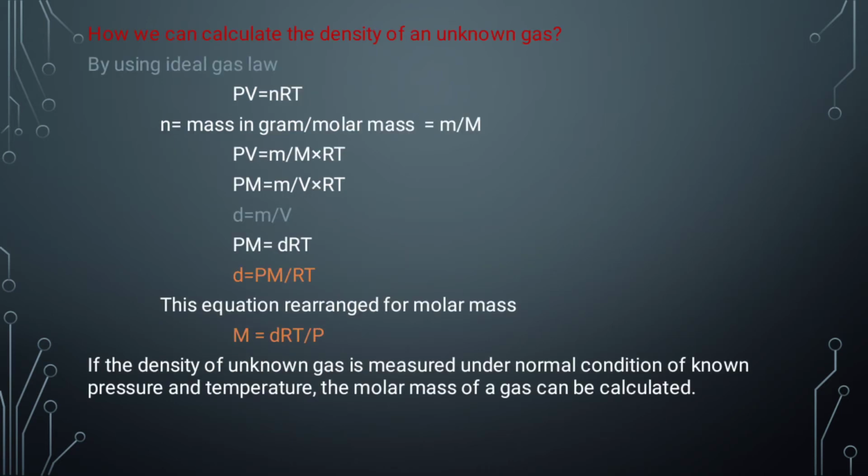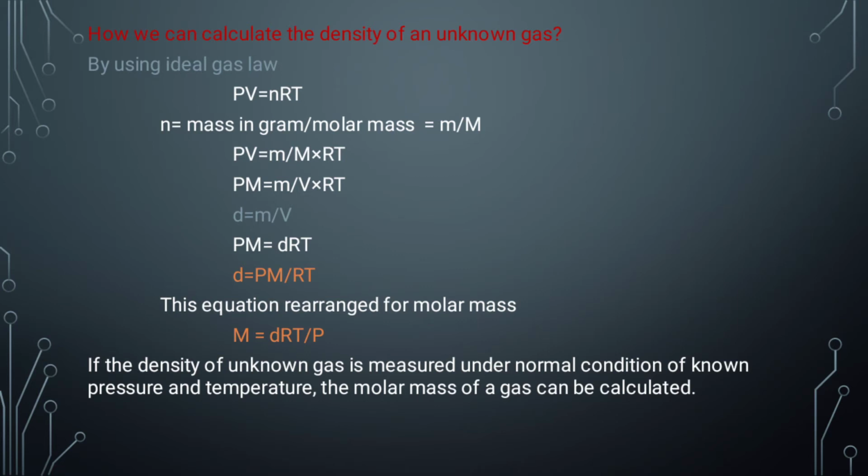How can we calculate the density of an unknown gas? By using the ideal gas law, PV = nRT. n is equal to mass in grams over molar mass. So PV = (m/M)RT. PM = (m/V)RT. And D = m/V, so PM = DRT.